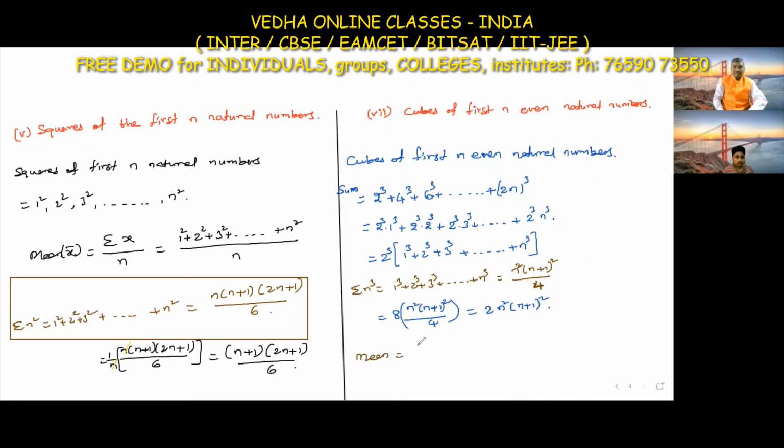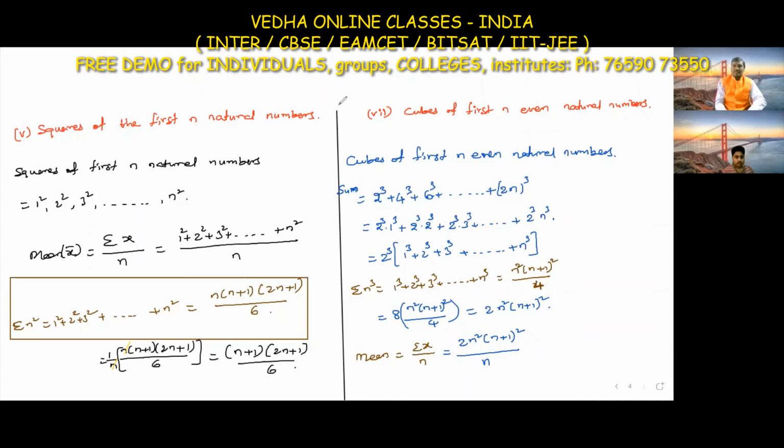The mean formula is sigma x, the sum of observations divided by the number of observations. So what is the sum of observations? Write that value in the numerator, that is 2 into n square into n plus 1 whole square, divided by the total number of terms. We are taking n even numbers, so write n here.